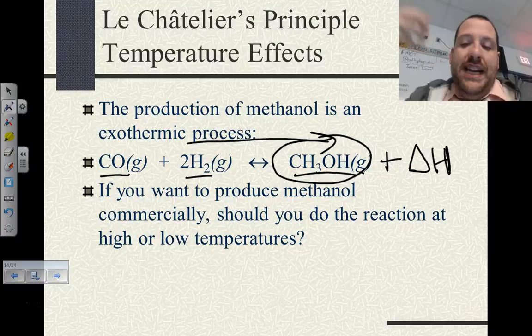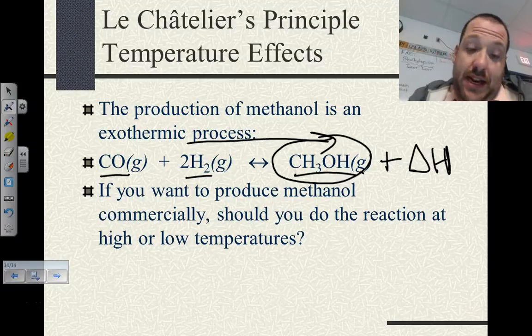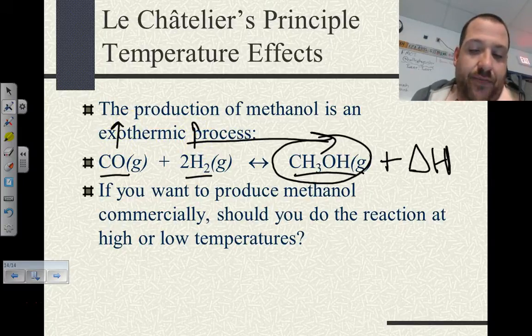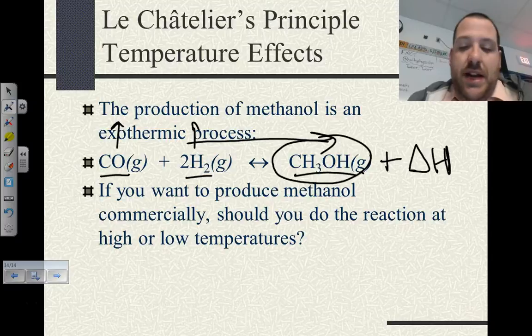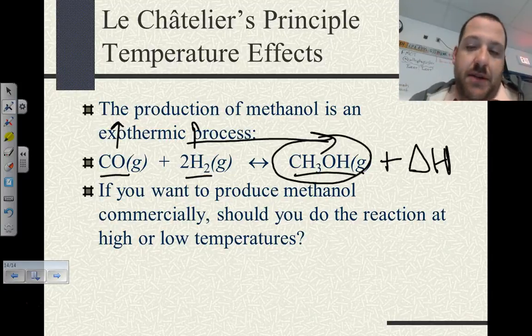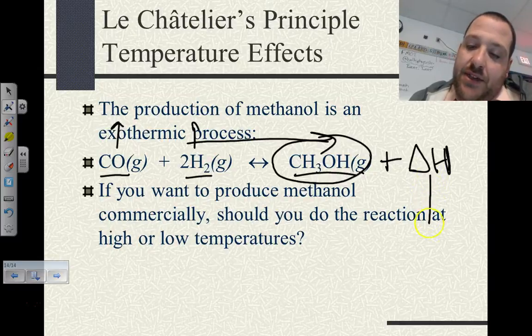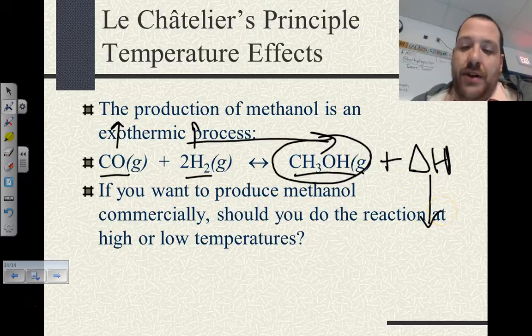There's two ways that I can have the reaction shift to the right. Okay, I can increase the amount of reactants that are there, but that's what I'm going to do anyways. Okay, if I'm commercially producing this, I'm going to increase the amount of reactants. But how can I play with the temperature to get this done? Well, what I can do is I can create a deficit stress, or I can cool this down.